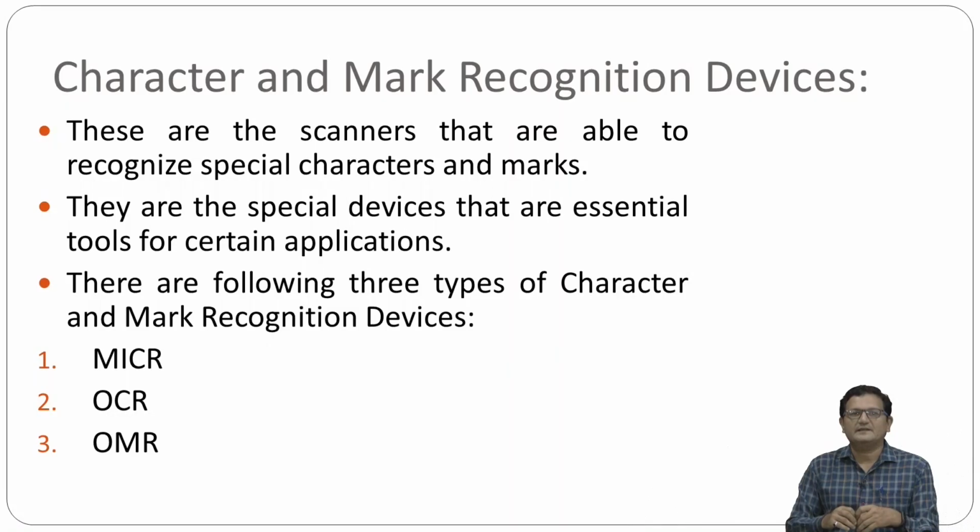Based on the multiple points of that image, we are trying to recognize which character is formed by those dots, and that technique is known as OCR, which is called optical character recognition.